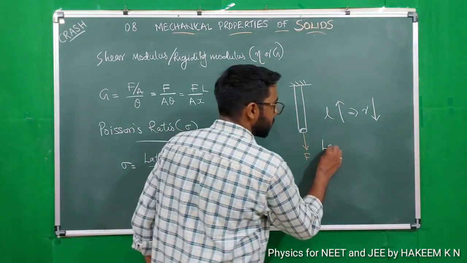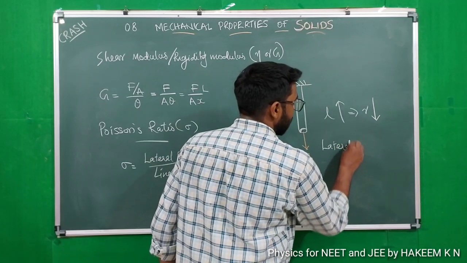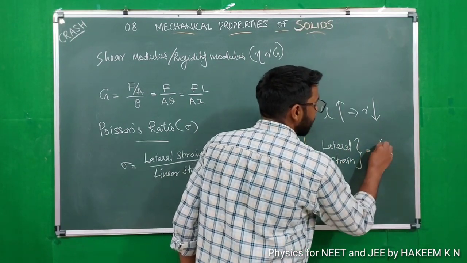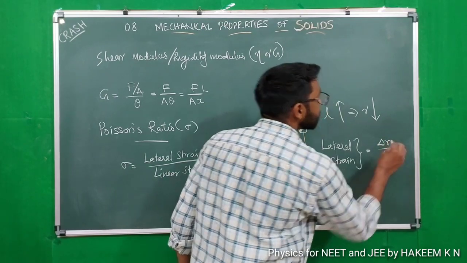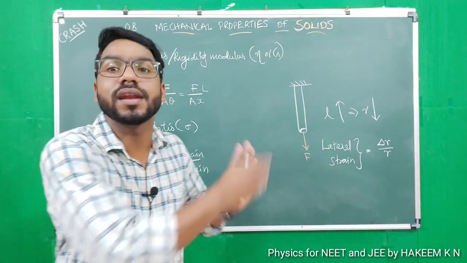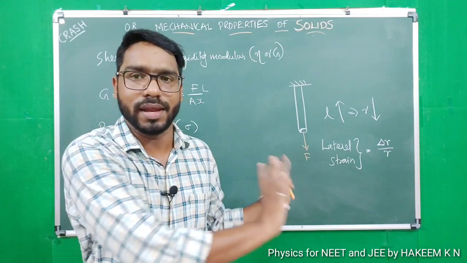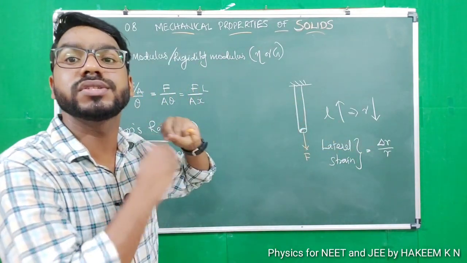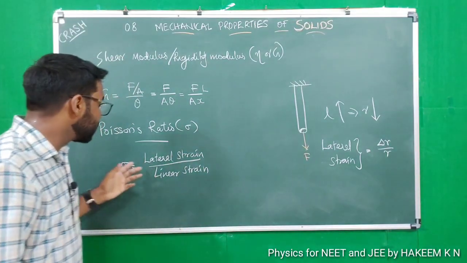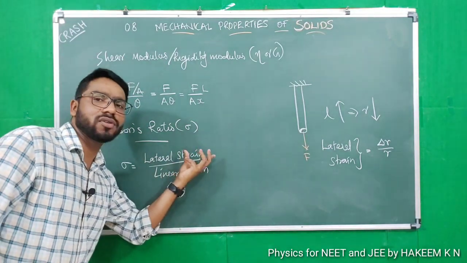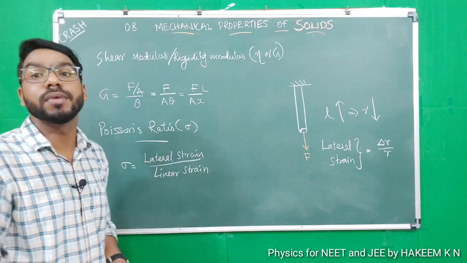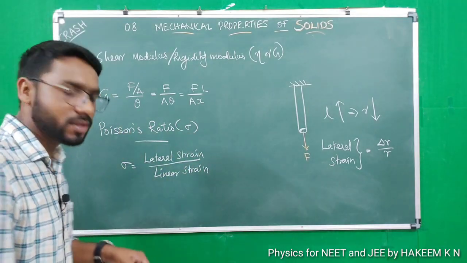Then what is lateral strain? Lateral strain is change in radius by original radius, the strain in the radius of wire, the fractional change in radius. Then the ratio lateral strain by linear strain is called Sigma or Poisson's ratio.